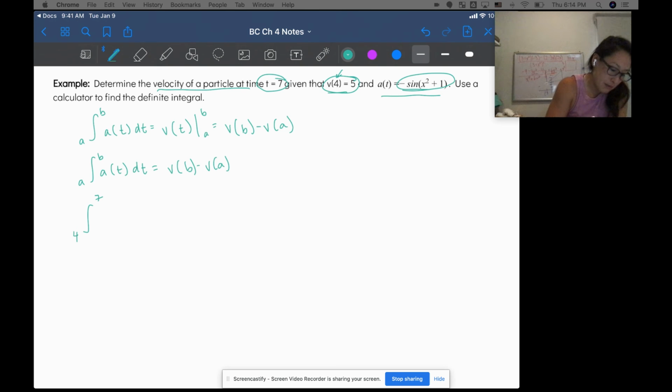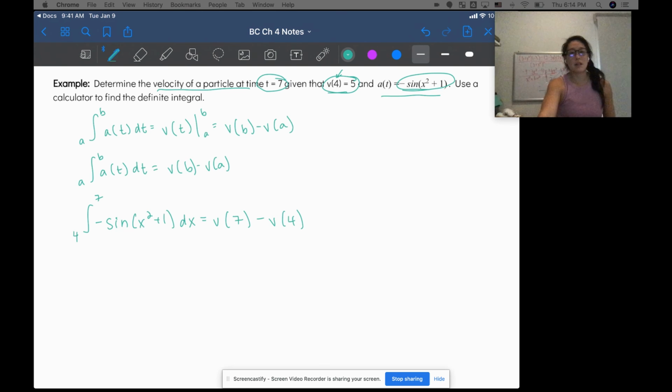So negative sine of x squared plus 1 dx is equal to the velocity of 7 minus the velocity of 4. And we can really substitute in everything except for this velocity of 7.